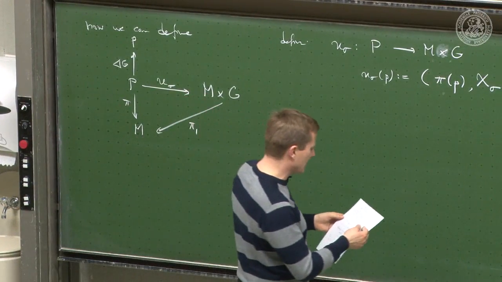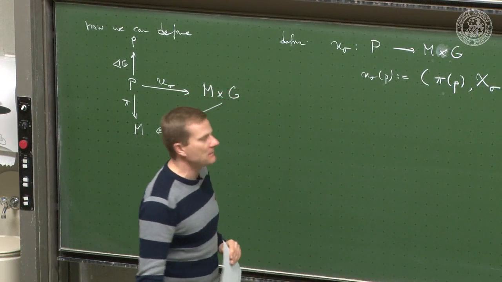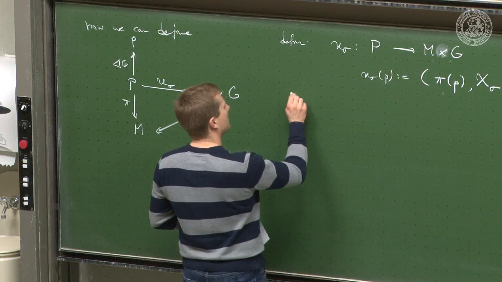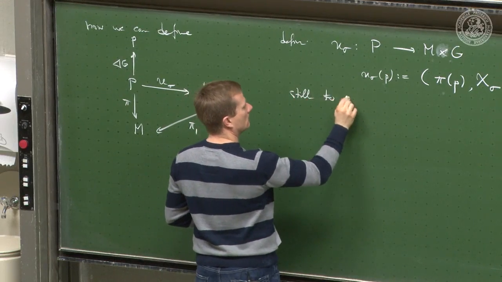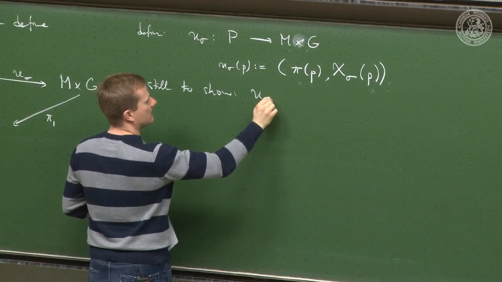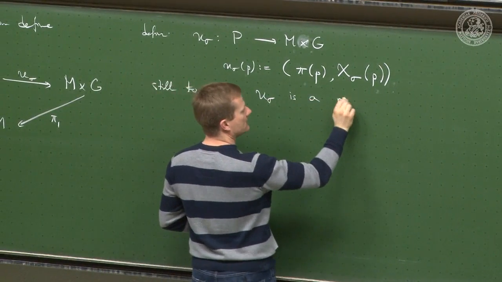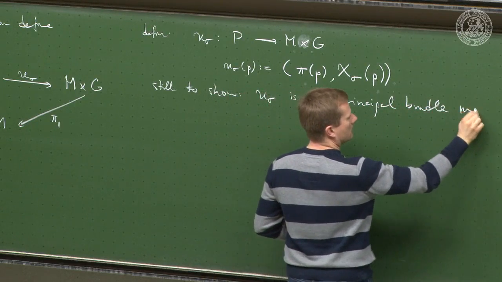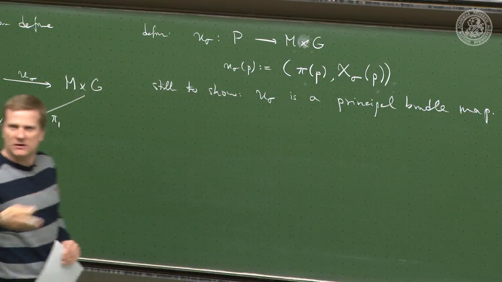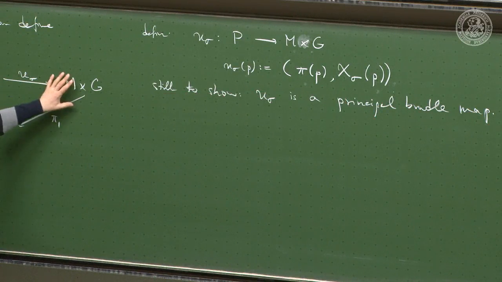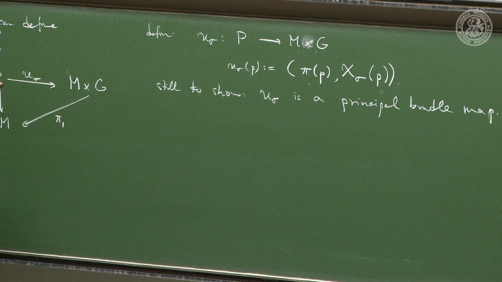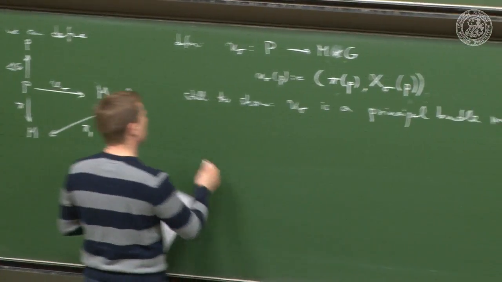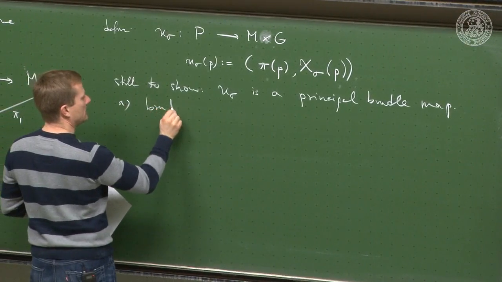So we defined a map from this set to this set. The only question is, is this a bundle map? And if it's a bundle map, is it a principal bundle map? Okay, so we constructed such a thing, still to show U sigma is a principal bundle map. Because if it is, according to our little lemma, we established already the diffeomorphism, we established this is a trivial bundle. Okay? So is this a principal bundle map? So let's first check whether it's a bundle map.